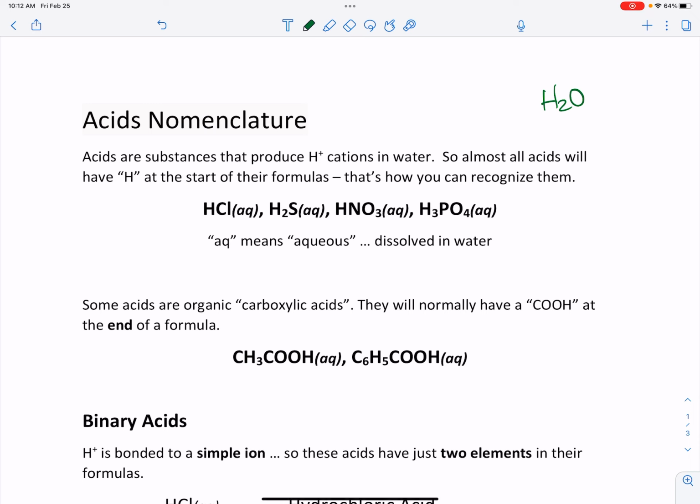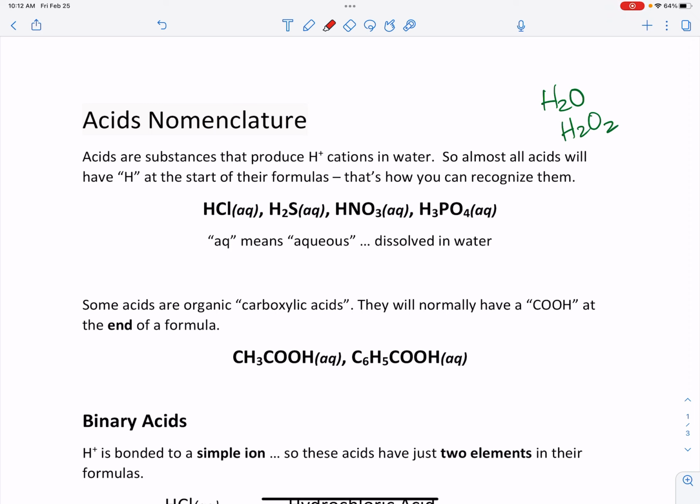Now, as you'll learn later in chemistry, water does have acid and base properties, but it's not named as an acid. Another exception to that would be hydrogen peroxide, where that is also not named as an acid. But those are two common exceptions, but basically, other than those, when you see hydrogen at the beginning of a formula, you should be thinking that it's an acid.